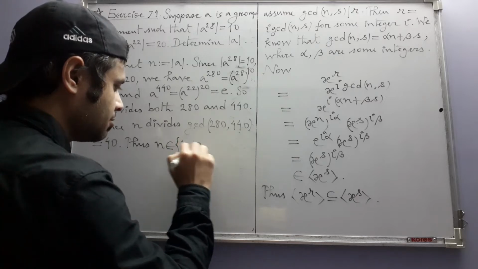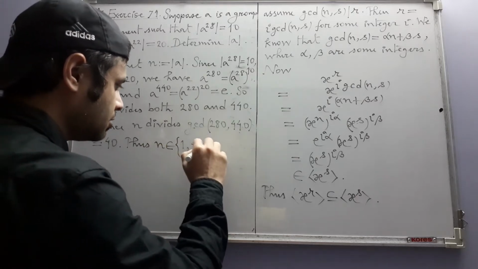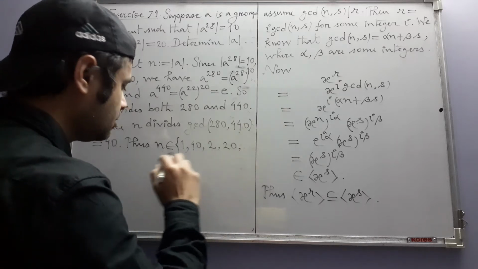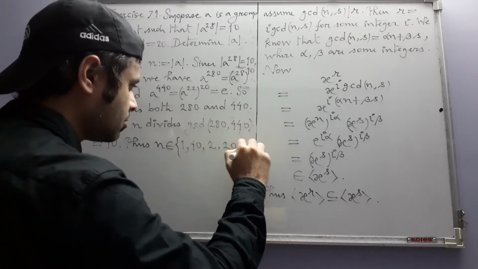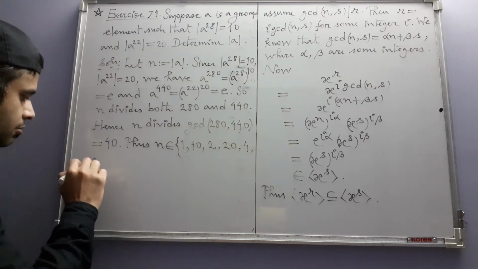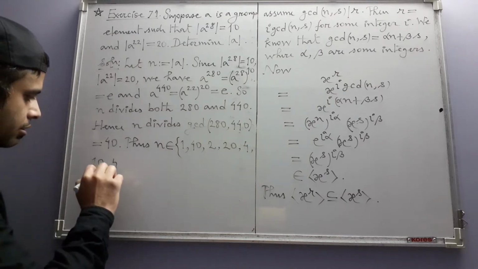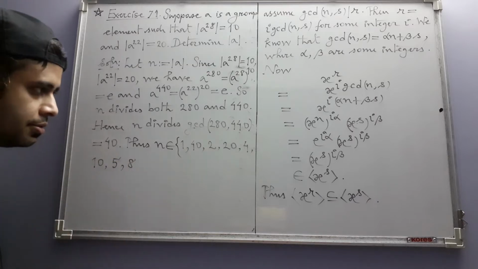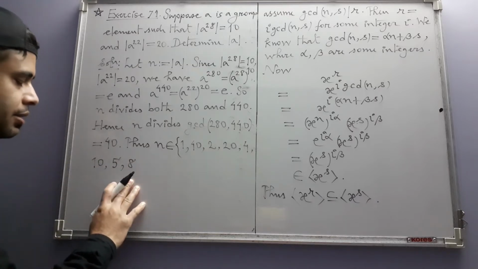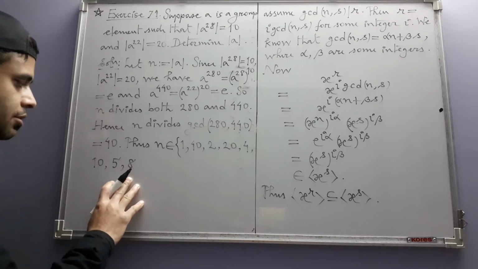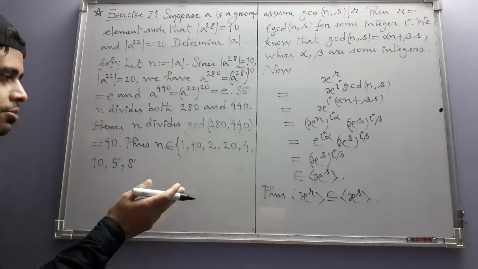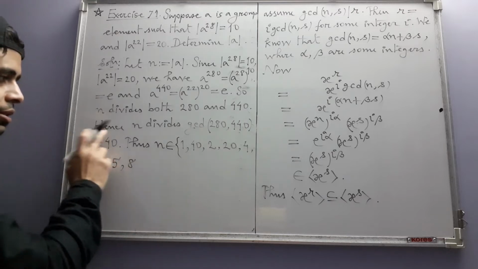These are the positive divisors of 40: 1, 2, 4, 10, 20, 5, 8, and 40. 3 is not an option, 6 does not divide 40, 7 does not divide 40, and once we hit 8, we are going to get these things back.